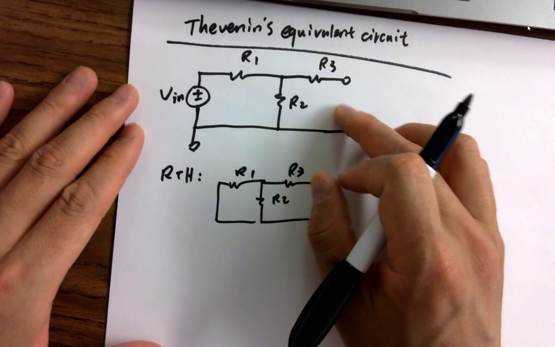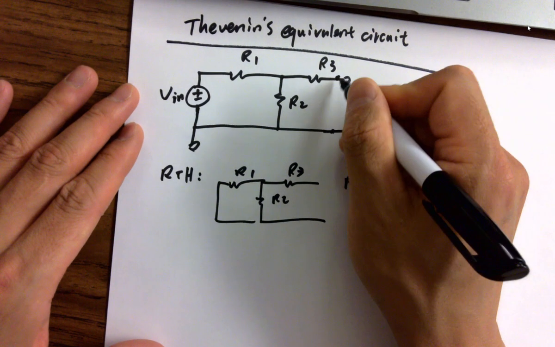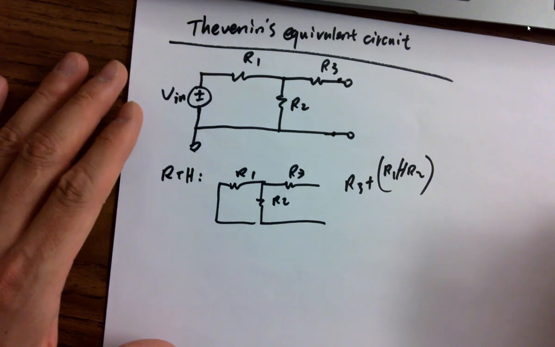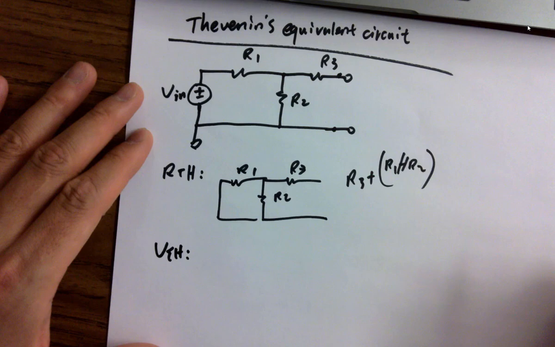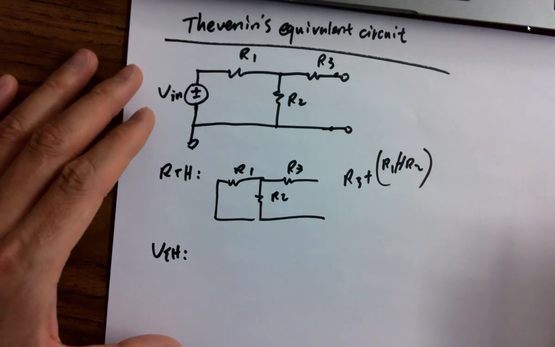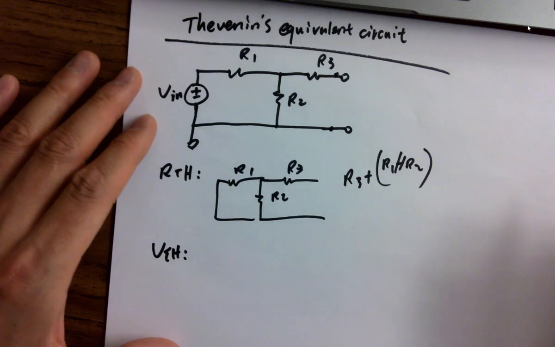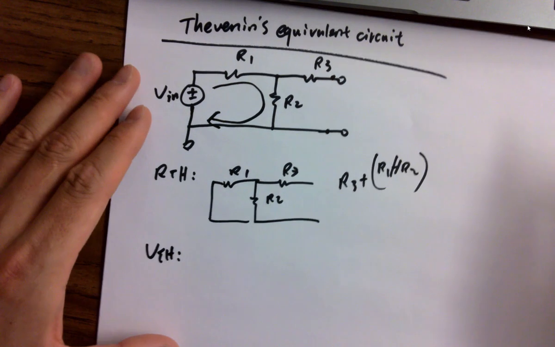VTH is the voltage that appears at the output terminal after you remove the load. So first, what is this circuit? It's a voltage divider.